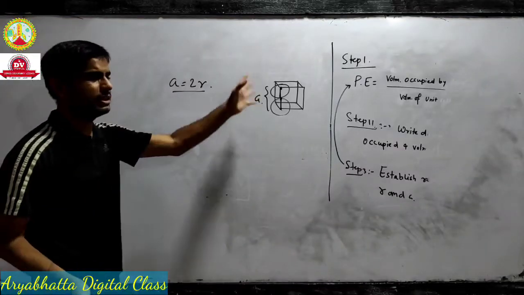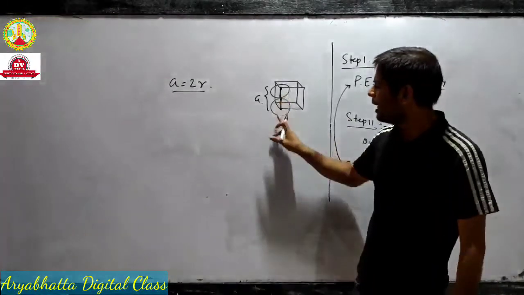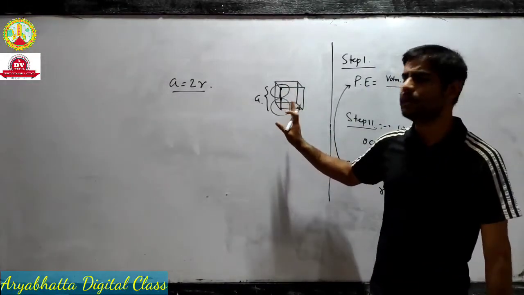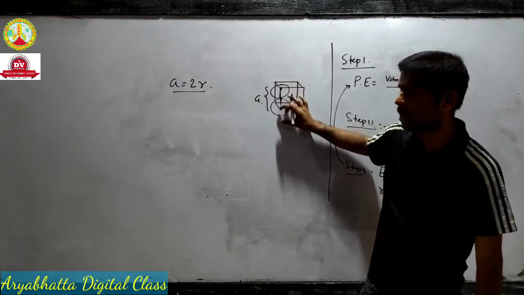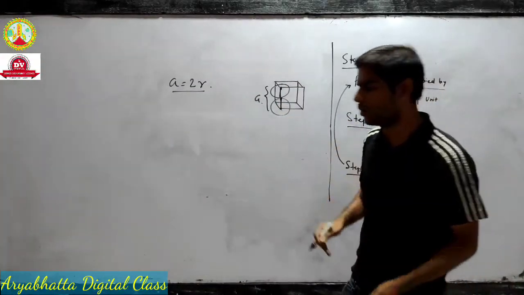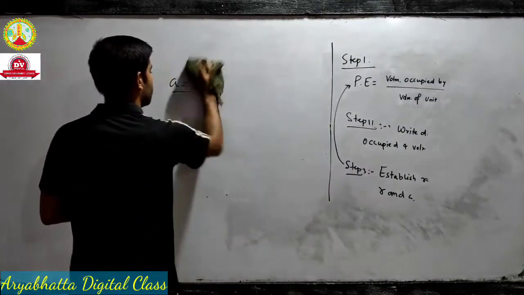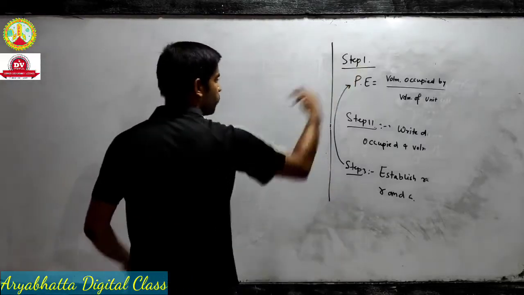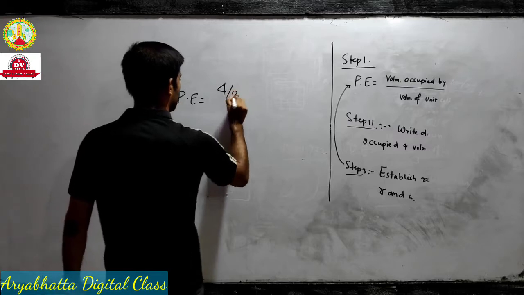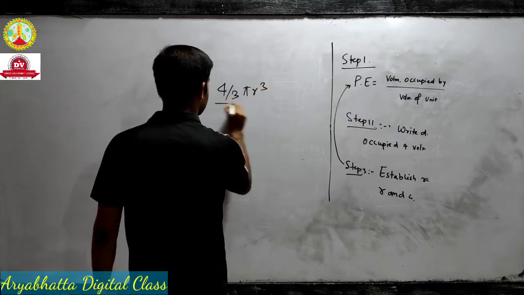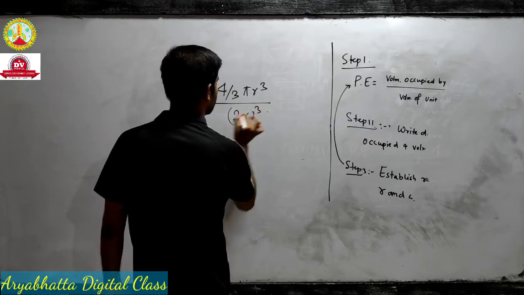So in cubic unit cell, it's not that difficult to get the relation between edge length and radius of the atom. It's simply A is equal to 2R, since 2 spheres are touching, so R, 2R, and edge length was already A. Just go to step 1, place the values over there. So 4 by 3 pi r cube, and in the lower section we get 2r whole cube.